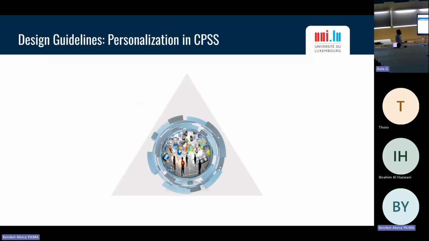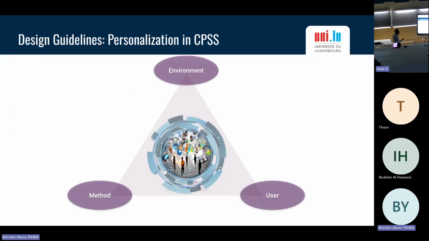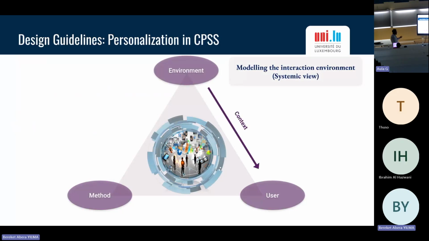So some design guideline in general for a personalization task in CPSS kind of environment is basically composed of 3 components. So you have the environment itself, you have the user, and you have the method that you employ, the computational method that you want to use. So the CPSS or the systemic view helps you to model, identify important components, which can be beneficial to model effectively the context and then decide where, for example, if you are giving an art recommendation for an online platform, you don't have all this problem of crowd, all of that.